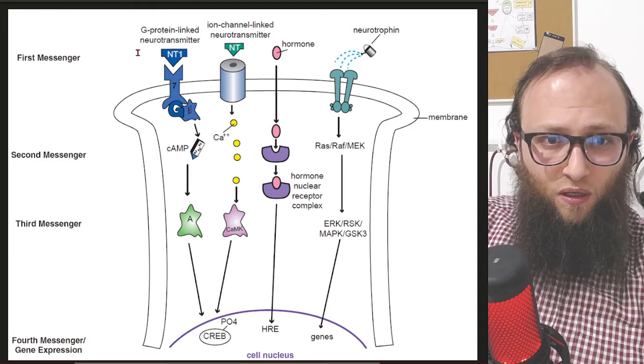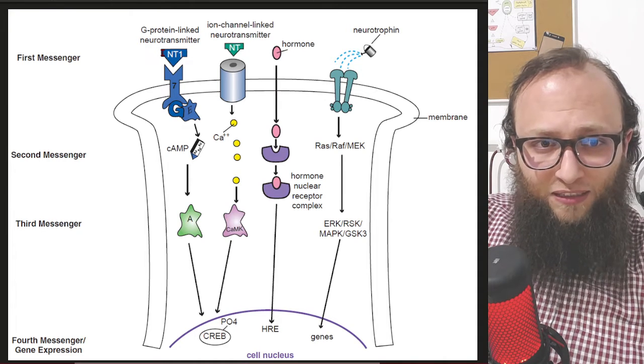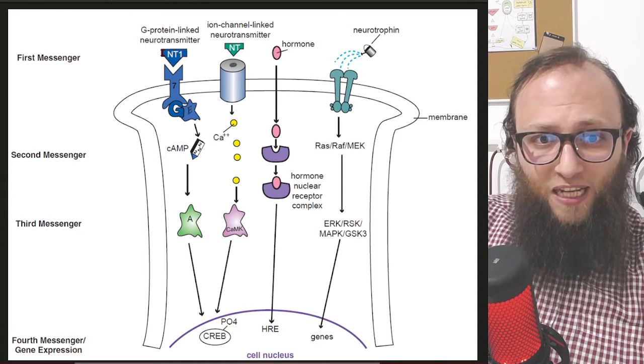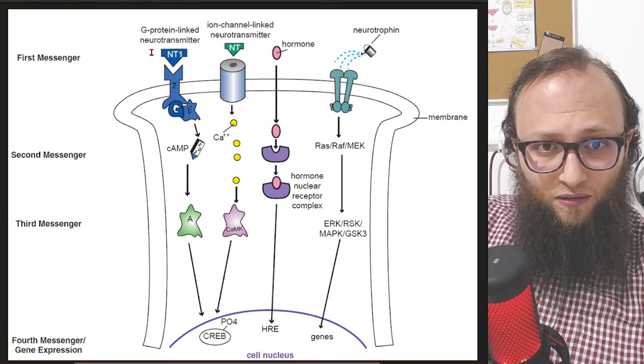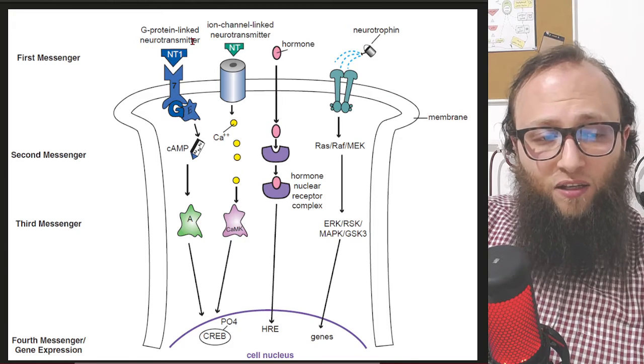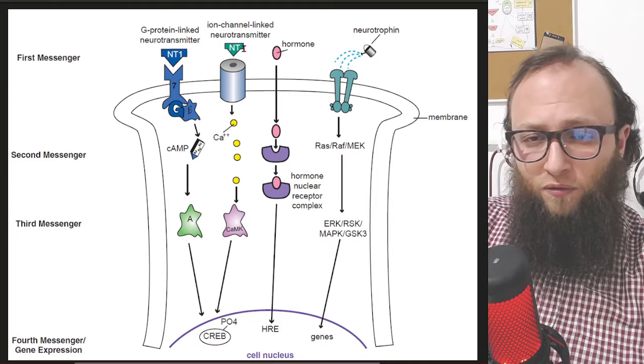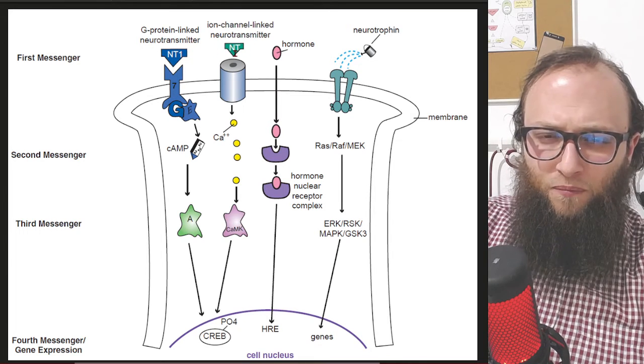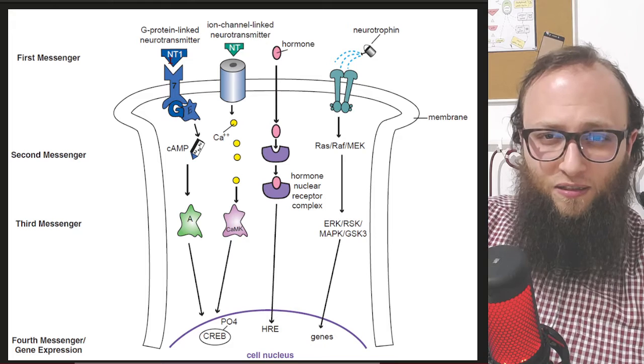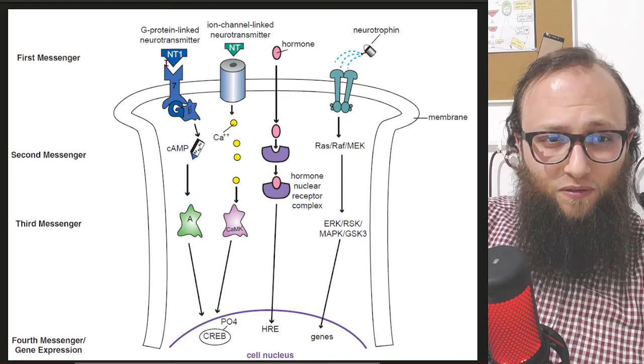Starting from the left, you can see here that neurotransmitters activate both G protein linked systems and ion channel linked systems. So they both contain the first messenger as neurotransmitters.